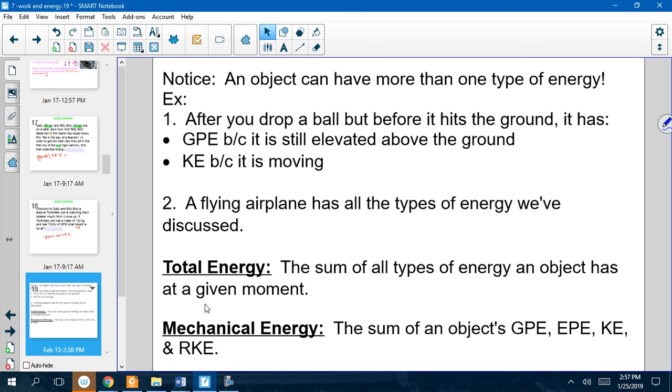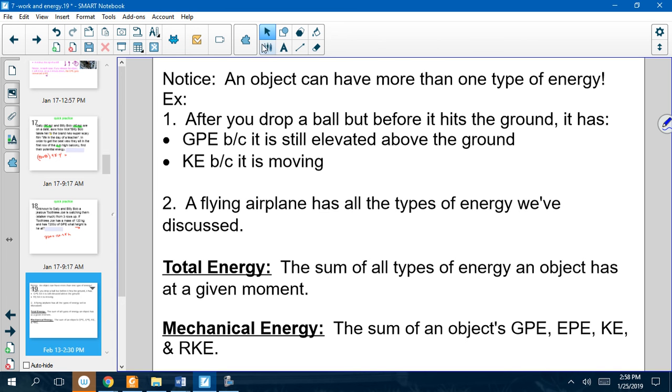So that includes gravitational potential energy, elastic potential energy, kinetic energy, and rotational kinetic energy. Now we're not going to talk too much about rotational until we get into angular momentum, angular motion. But again, I want to keep that in there because it's part of the mechanical energy. So remember, you can have both at the same time.